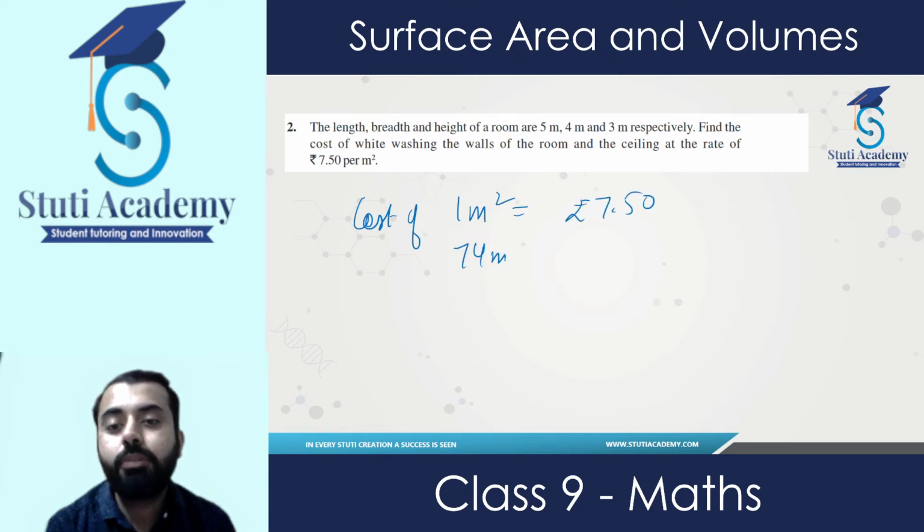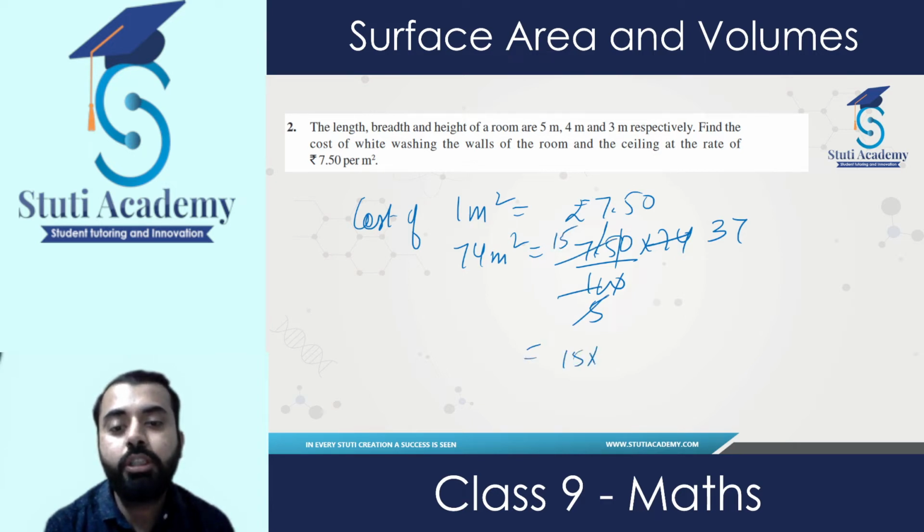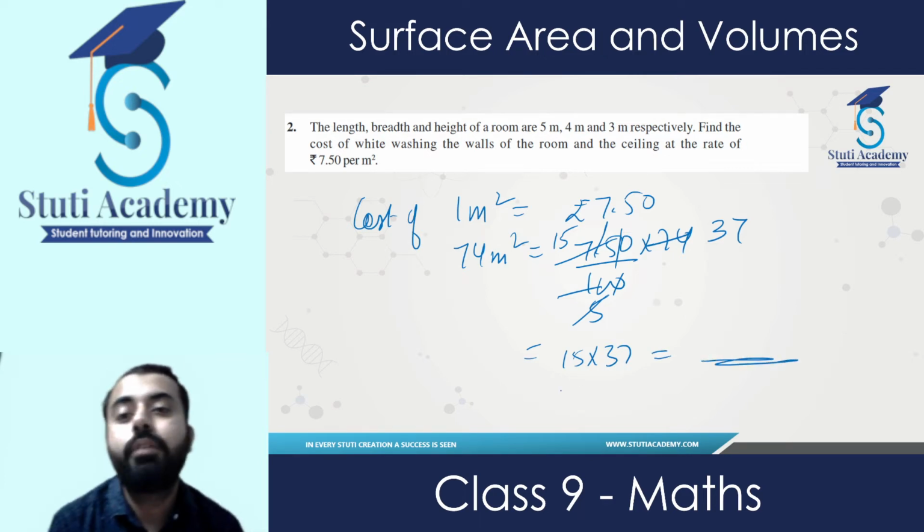That means 74 meters square with 7.50. Bring this out, 37 and a 5 here, 3 here, into, now whatever you get here, that will be your answer.